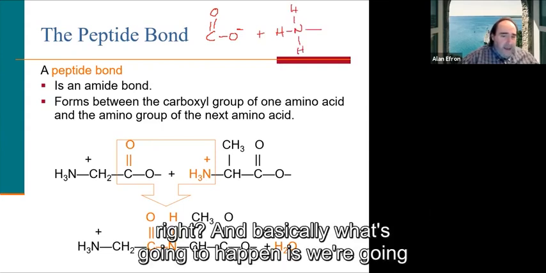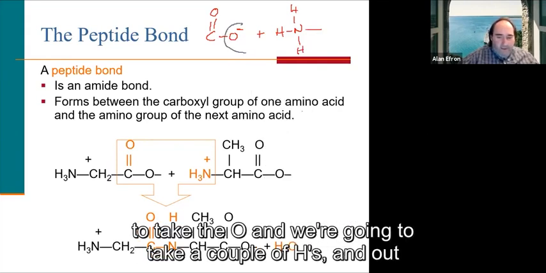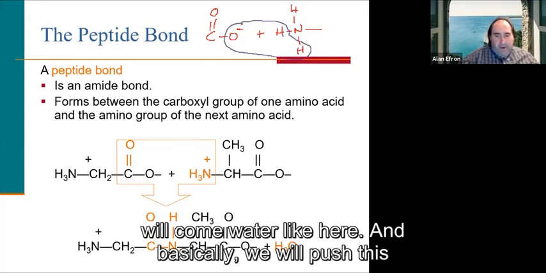Basically what's going to happen is we're going to put these together by removing water. We're going to take the O and a couple of H's, and out will come water like here.